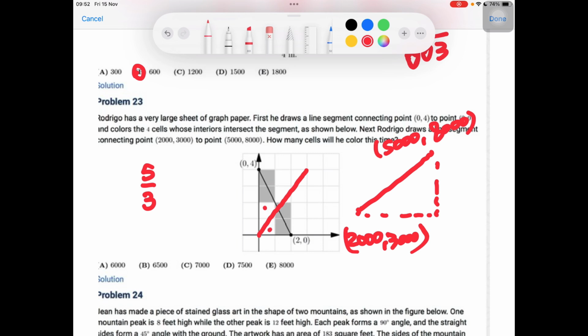So 1, 2, 3, 4, 5. So now whenever we make 5/3, which is 5 y grid and 3 x grid, then we can color here 1, 2, 3, 4, 5, 6 colored. 1, 2, 3, 4, 5.